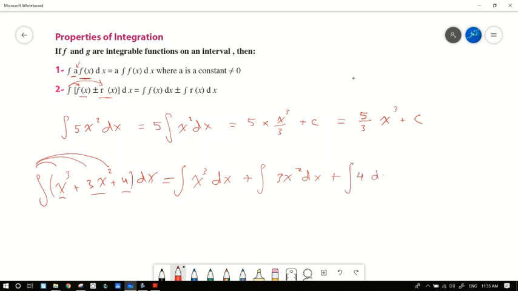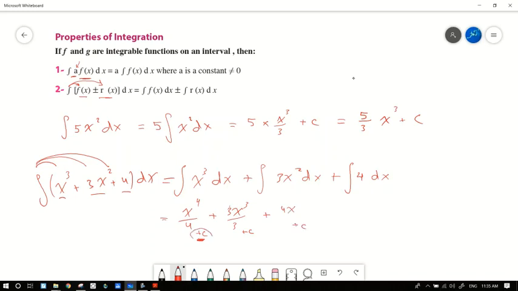of 4 dx. Integration of x power 3 will be x power 4 over 4 plus c, don't forget. And the 3x power 2 will be 3x power 3 over 3, also plus c, plus 4x, and also plus c.